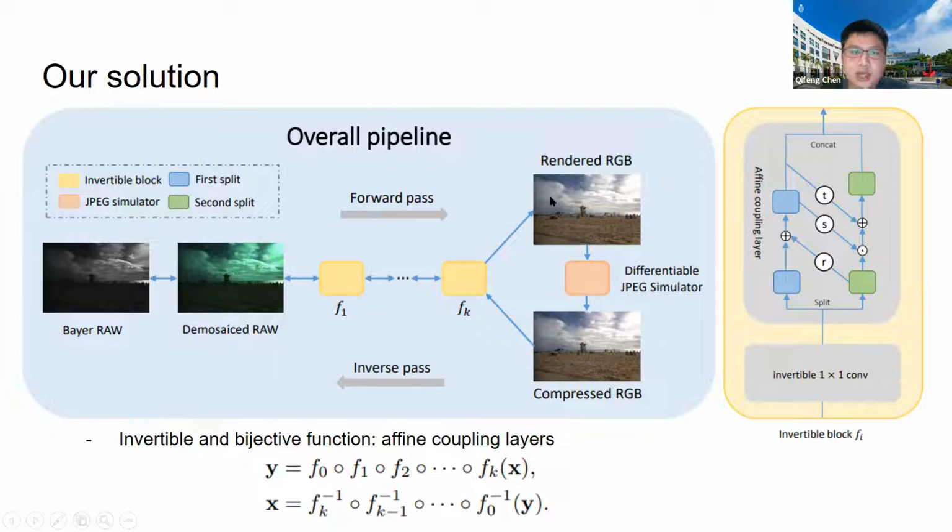The forward pass tries to mimic the process of the ISP. But there is one step where we want to simulate the JPEG compression. Because in the end we don't want to save it as a PNG file, which is still kind of big, we want to save it as a JPEG file.